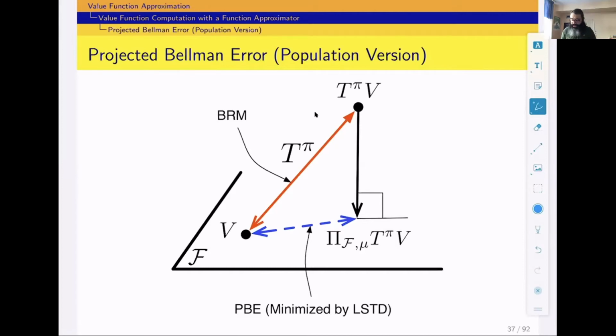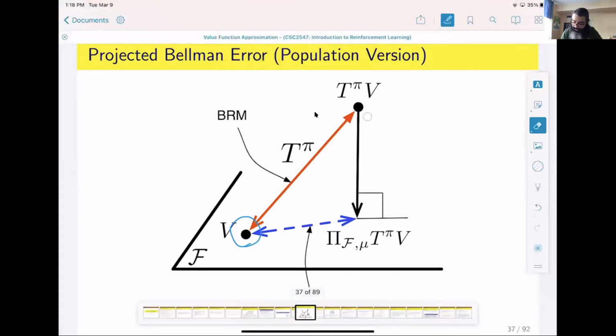As a reminder, in Bellman residual minimization, we were finding a value function such that after applying the Bellman operator to it, we get T pi V, which is possibly outside that function space. The distance between these two would be minimized. So that was the idea of Bellman residual minimization.